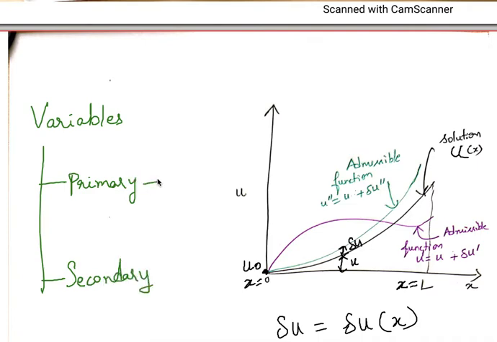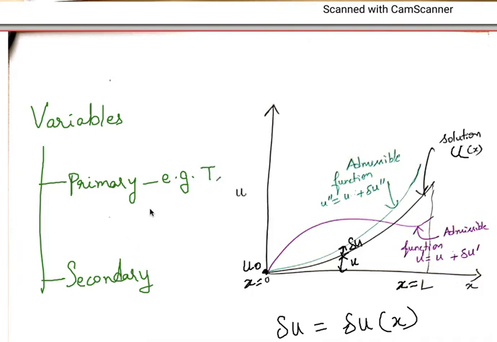Now, the primary variable is the one whose variation we are going to consider, and the differential equation is actually in terms of the primary variables. If you are looking at thermal analysis, the primary variable will be temperature.